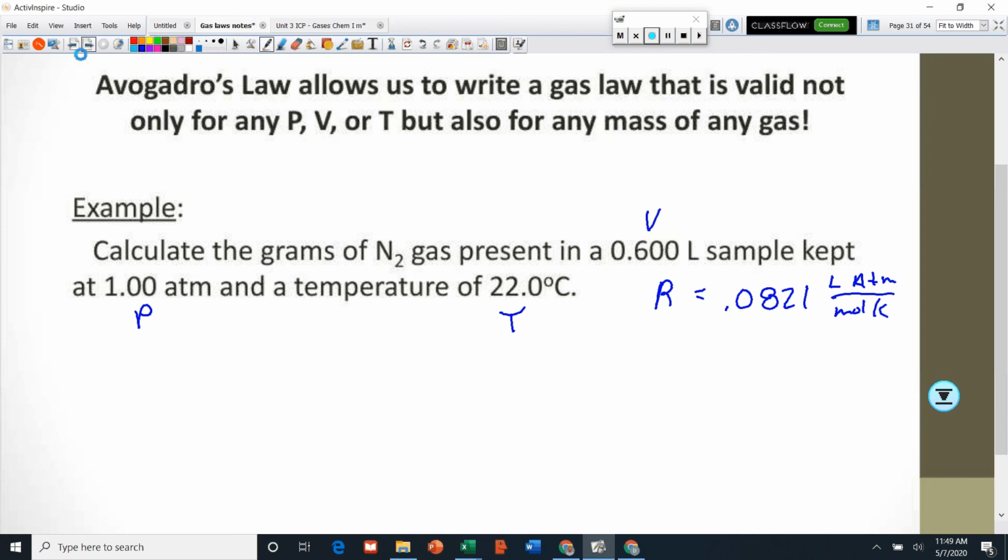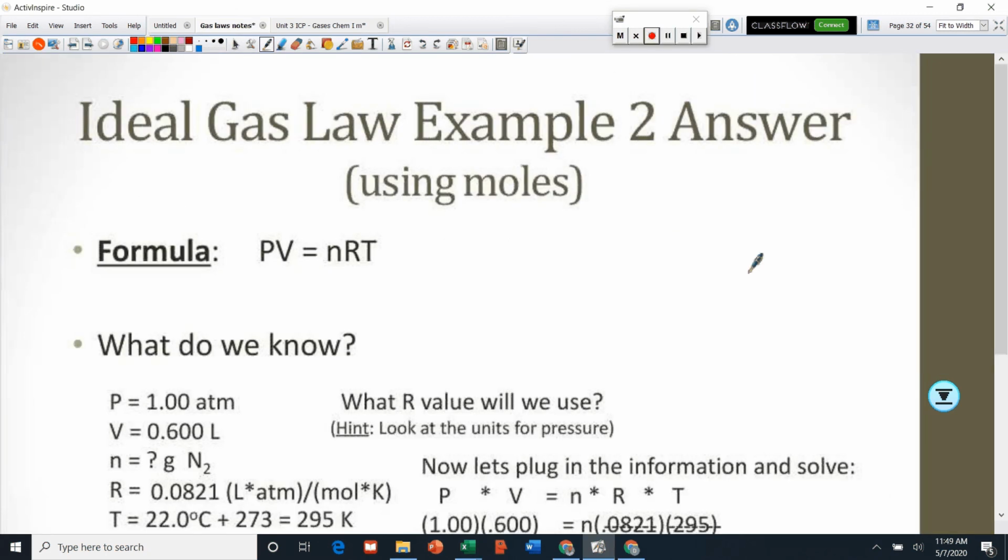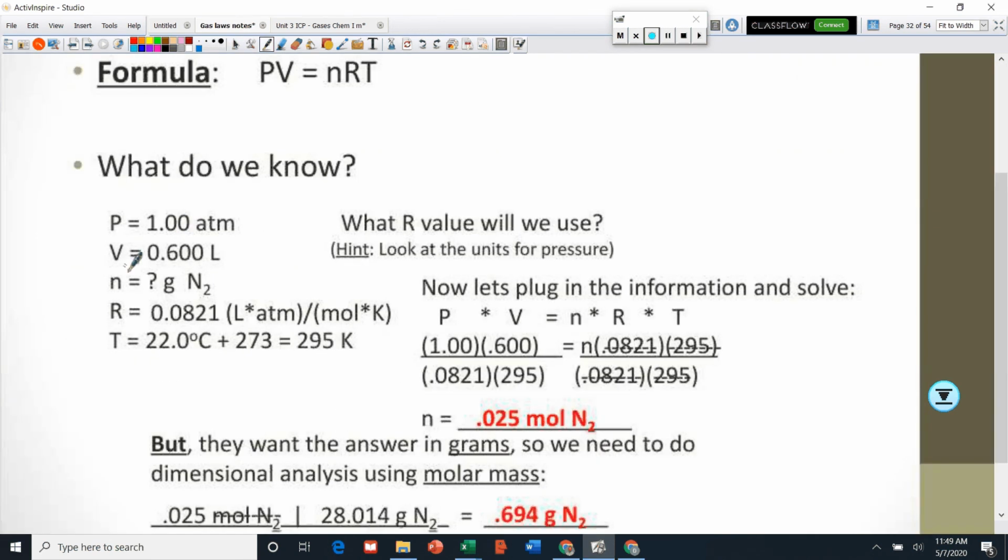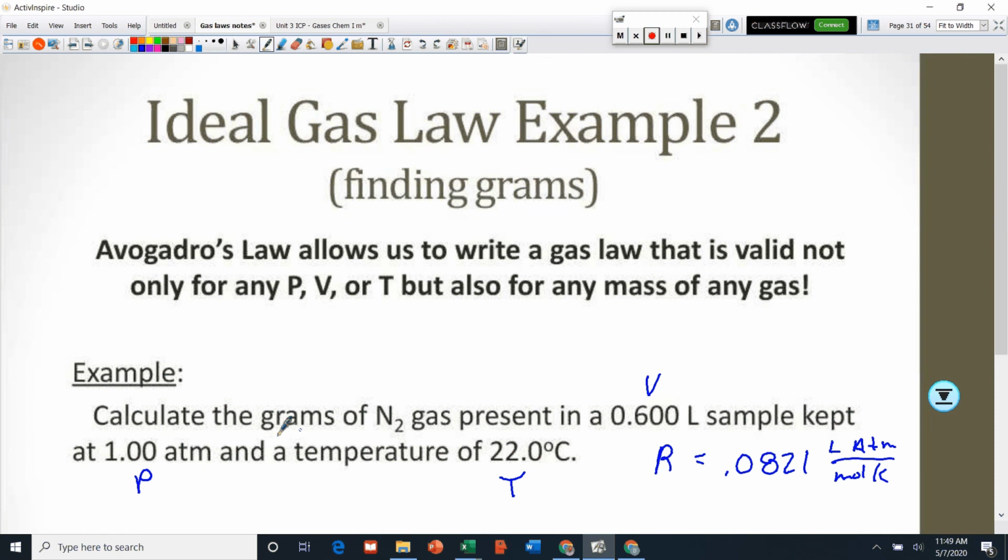All right, so let's go ahead and look at the solution for this. So what were our givens in the problem? We knew that pressure was 1 atmosphere, that volume was 0.6 liters. We wanted to know the moles. And actually, this one asked us to calculate the grams. So first we had to solve for moles, and then we got grams.